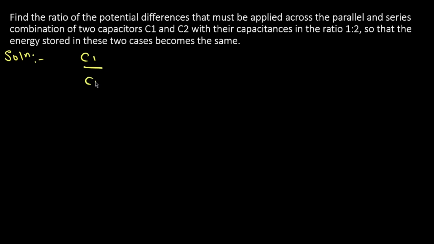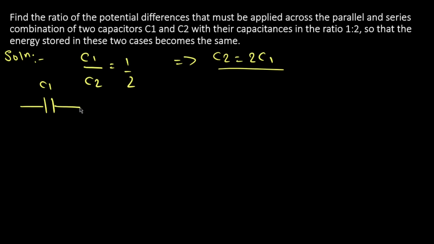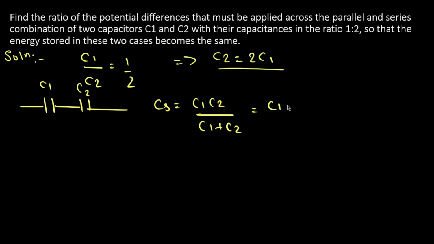So C1 ratio C2 is 1 by 2, which implies C2 is 2 times C1. When the capacitors are connected in series, the equivalent capacitance Cs will be C1 into C2 by C1 plus C2, which can be written as C1 into 2C1 by C1 plus 2C1, since C2 is 2C1, which is 2 by 3 C1.